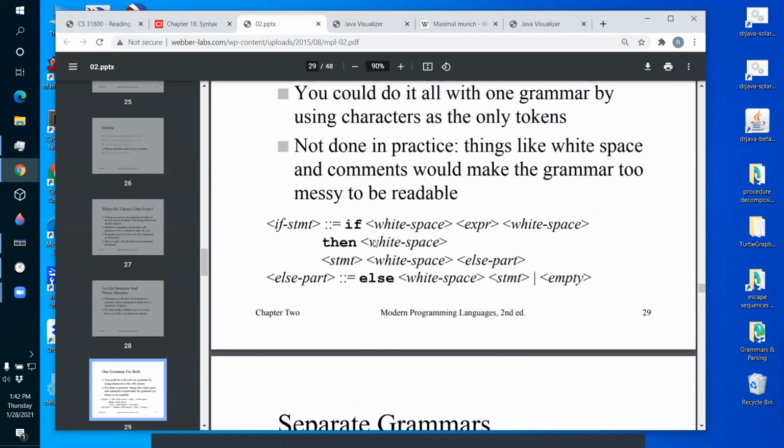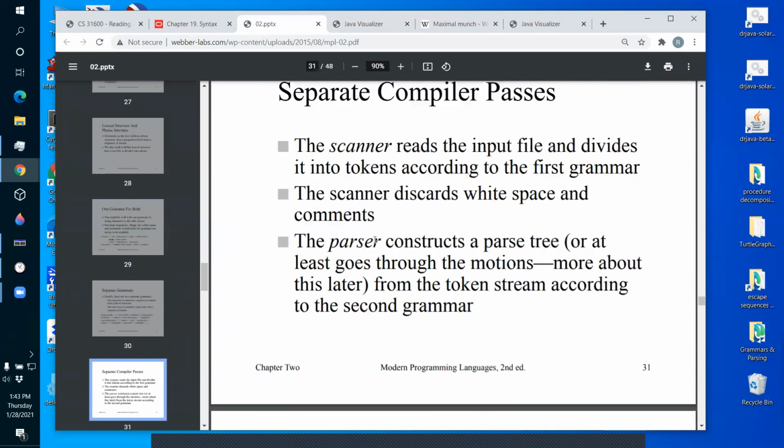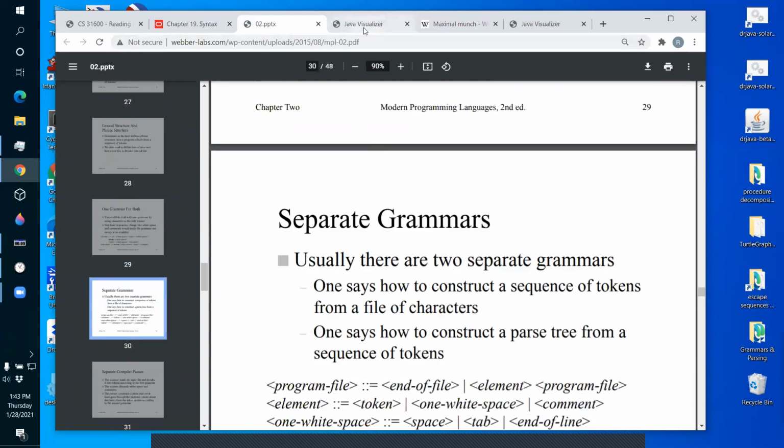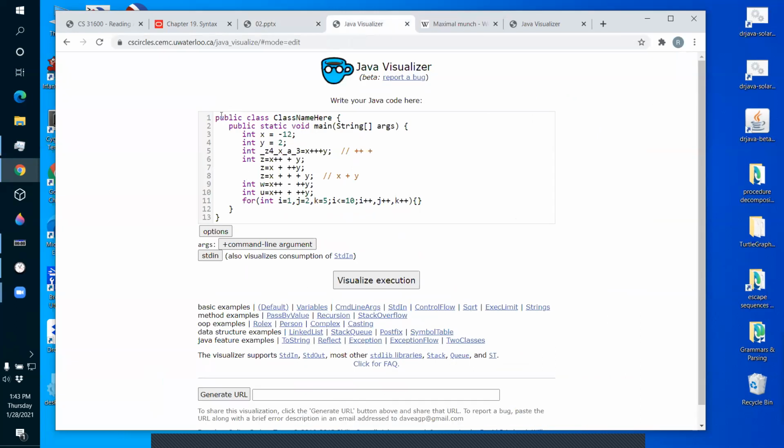It's usually thought of as the tokenizer taking in a stream of characters and giving you out a stream of tokens. So it takes in character, character, character, character. But what comes out of the tokenizer would be the token public, the token class, and then the white space would disappear.